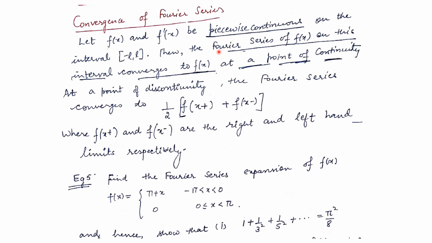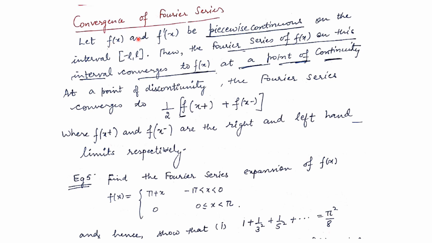The requirement for the existence of a Fourier series is that the function should be integrable. If our function is continuous, we know that it is integrable. Even if our function is piecewise continuous, then also it is integrable. So this is the least requirement: at least the function should be piecewise continuous.